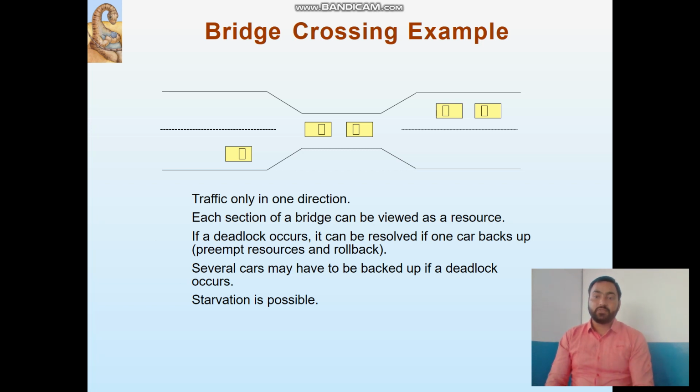But if there is a condition of higher congestion, then not only a single vehicle, you may need to roll back more than one vehicle to clear the congestion and clear the bridge for smooth functioning of the transportation. The same is the condition here, in which the bridge is termed a resource acquired by different processes.